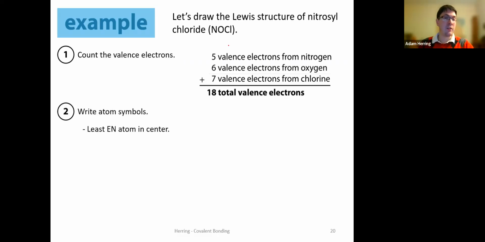The next step is to write out the atomic symbols and put the least electronegative element in the center. When you compare these elements, you see that nitrogen must be the least electronegative of them because it is farthest to the left. Now, perhaps you were a little bit puzzled trying to identify this, because when you look at nitrogen, oxygen, and chlorine, we know that the electronegativity increases as we go up and to the right.